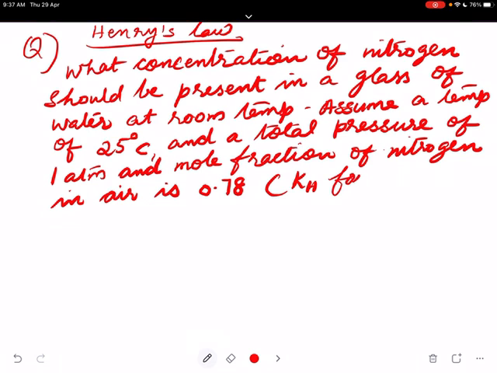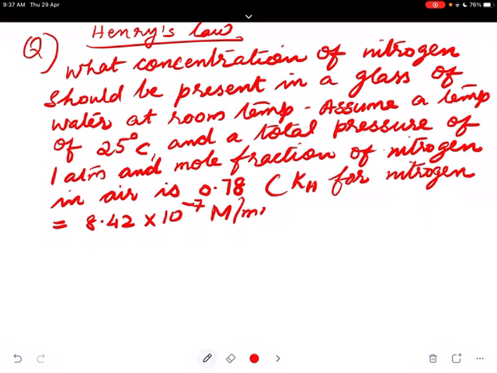KH for nitrogen is equal to 8.42 into 10 to the power minus 7 capital M per mmHg.